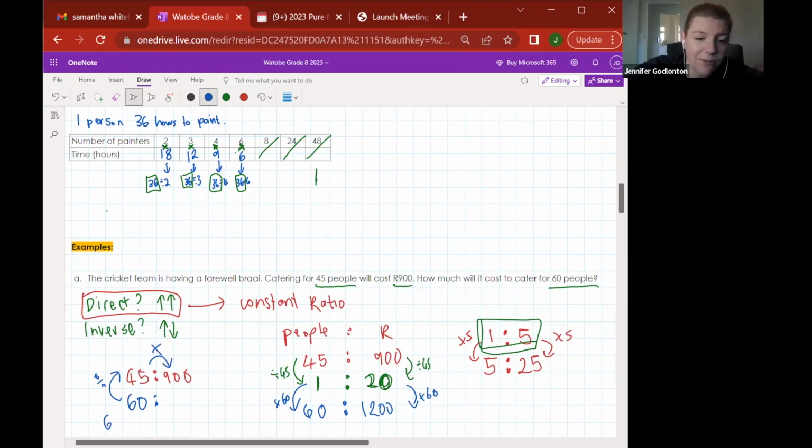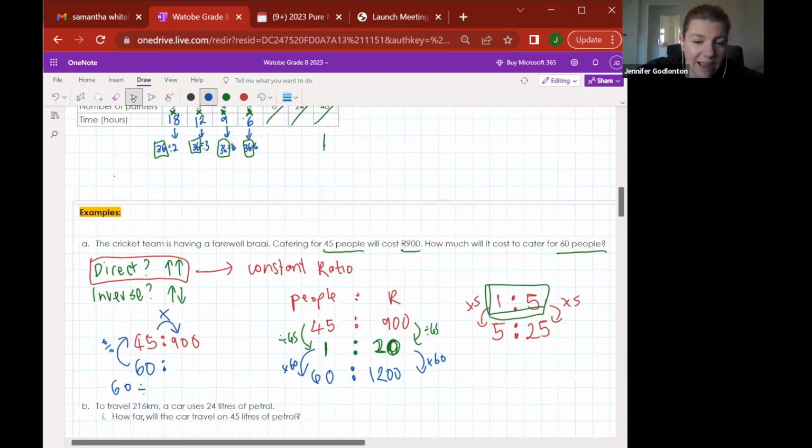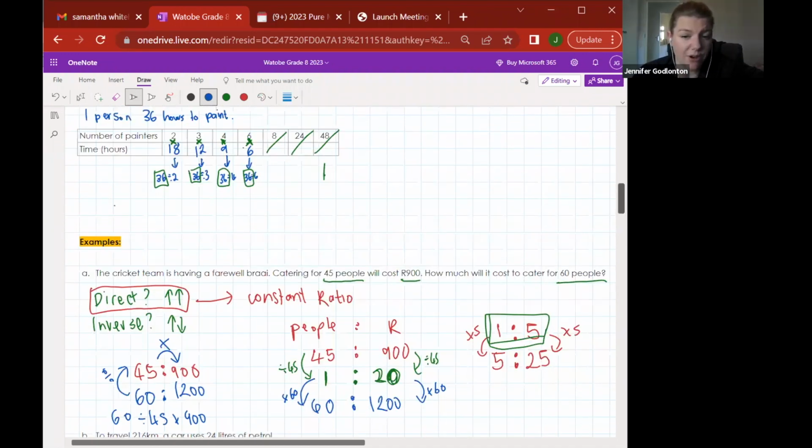So you would say 60 divided by 45 times 900, and you will get the answer of 1,200. That's the divide up times over option. Both work perfectly. You must do the one that you feel more comfortable with. The most important thing is that when you see it's direct, you think constant ratio.